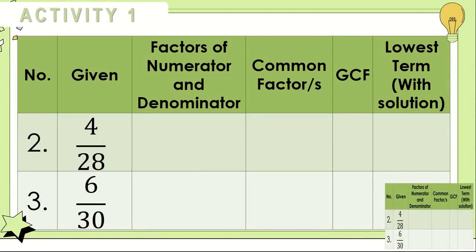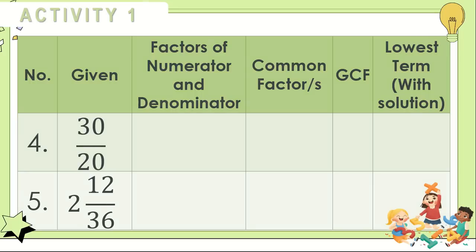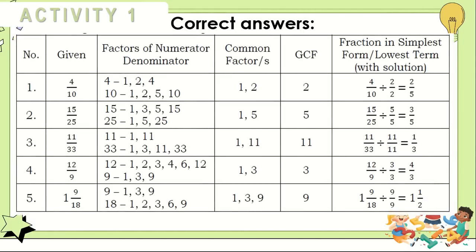Number 3, 6/30. Number 4, 30/20. Number 5, 12/36. Here are the correct answers.